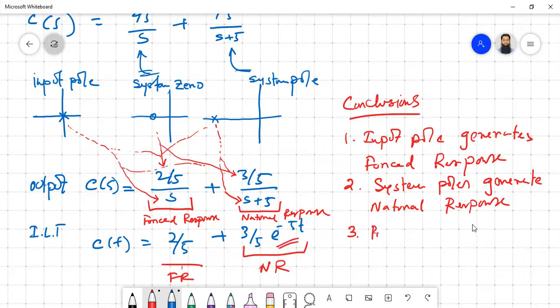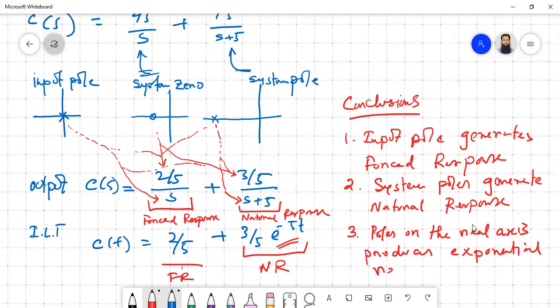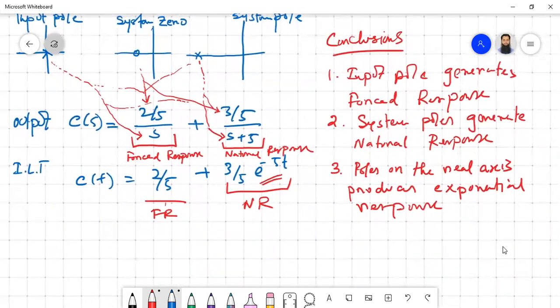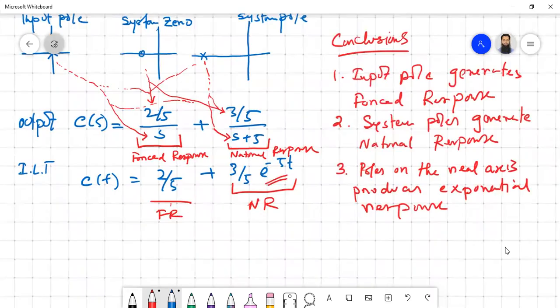We can also say that a pole on the real axis produces exponential response.